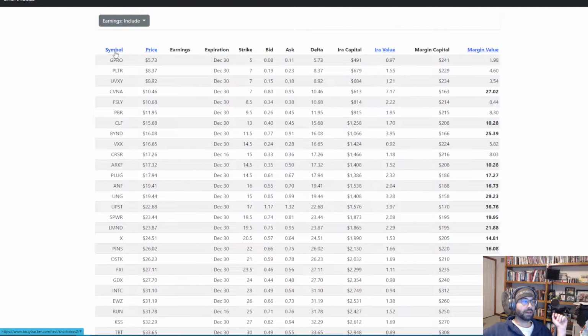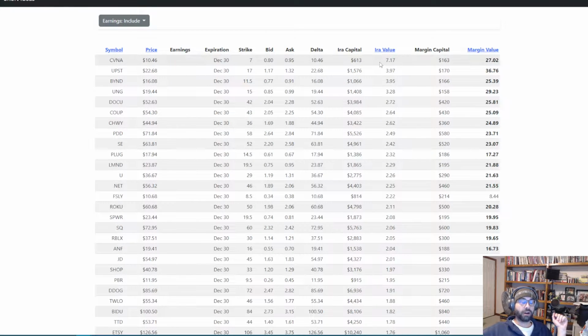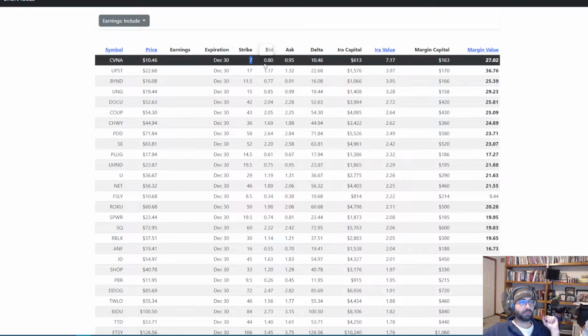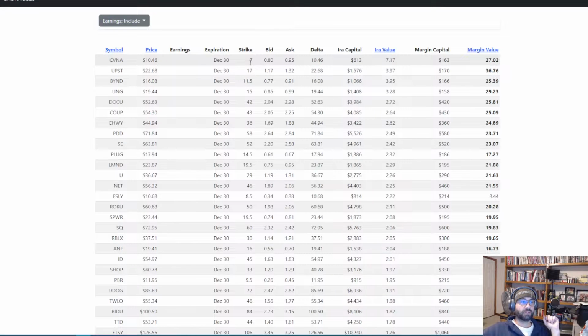So anyway, you can sort by symbol, by price, by IRA value. This is obviously easier to calculate because in an IRA, there's no margin, so you just have the strike, the 7, minus the 80 cents, or I calculate the mid, so in between the bid and ask. So 7 minus that, and that's 717.